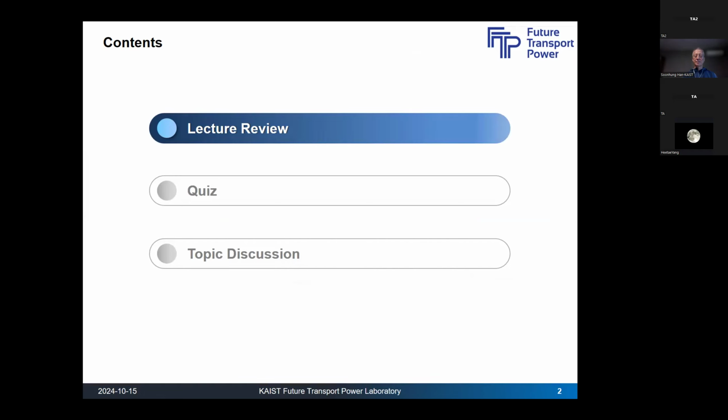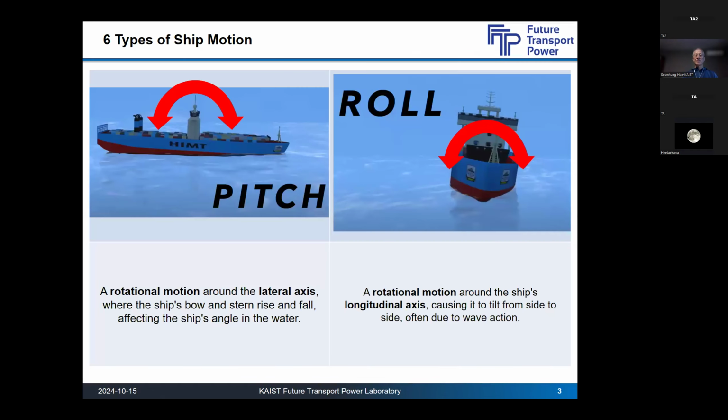As we learned, there are 6 types of ship motions. The first one is pitch. Pitch is the rotational motion around the lateral axis, where the ship's bow and stern rise and fall, affecting the ship's angle in the water and the oceans. Number 2 is rolling.